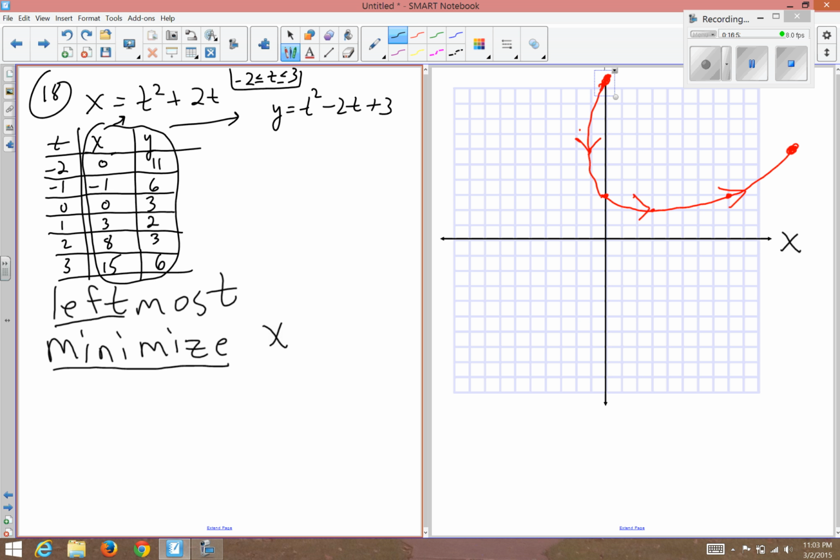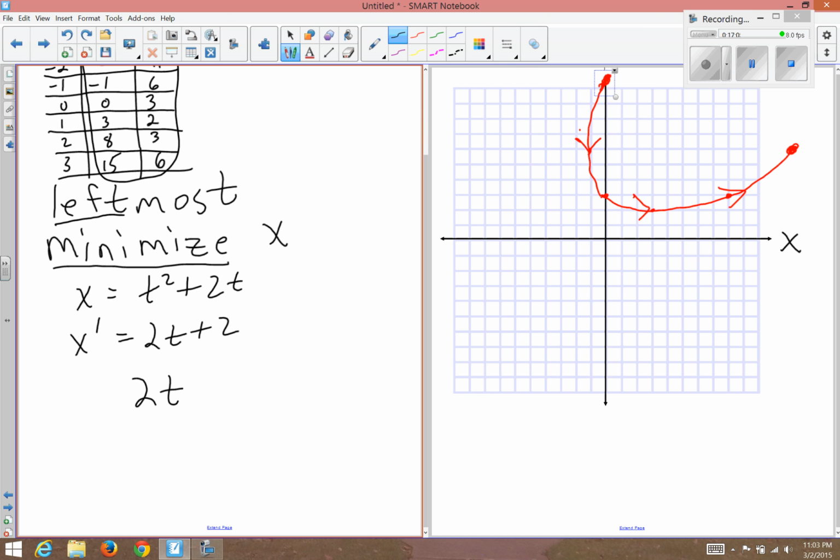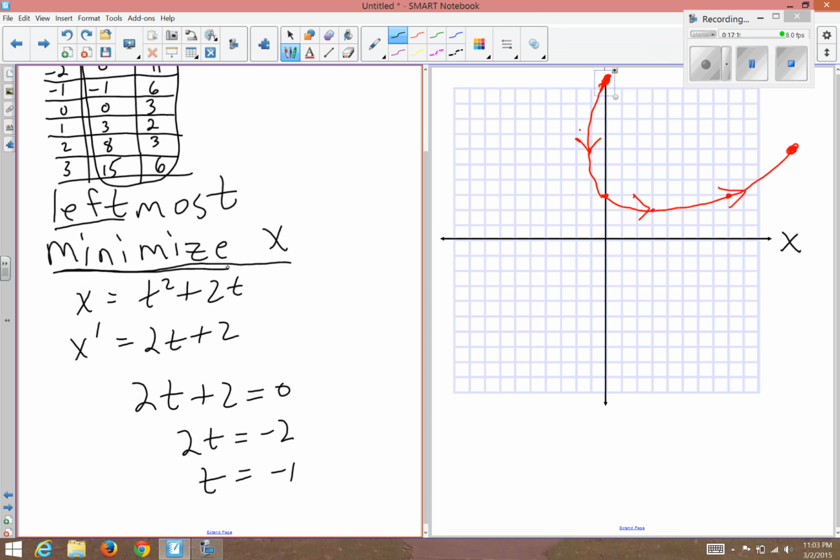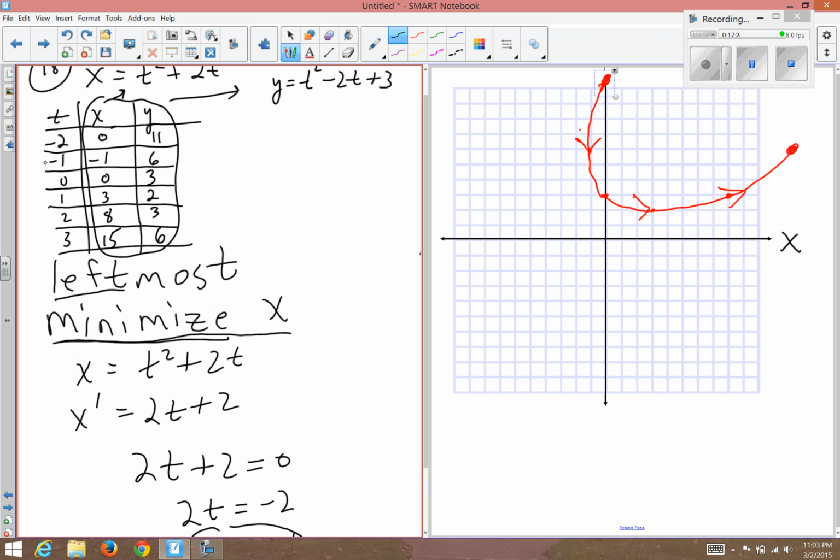To minimize x, which is t squared plus 2t, we find x prime, which is 2t plus 2. We find when that's equal to 0, which is when t is negative 1. And the answer is the minimum x is when t is negative 1. And we already see in our chart that when t is negative 1, we're at the point negative 1, 6.